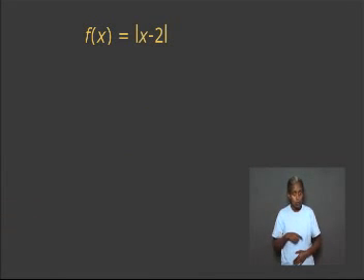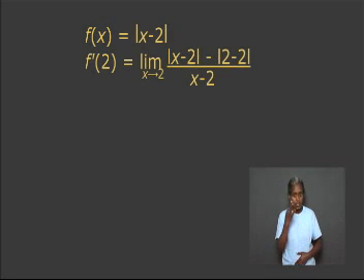We will discover if f is differentiable at x equals 2, then we will find the intervals on which f is differentiable. f prime of 2 equals the limit of (the absolute value of x minus 2 minus the absolute value of 2 minus 2) over (x minus 2) as x approaches 2.